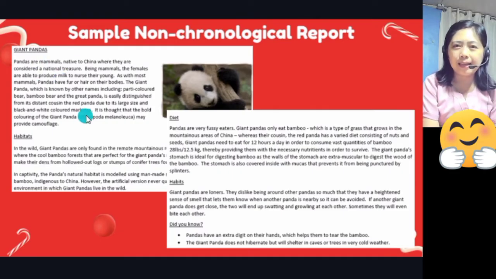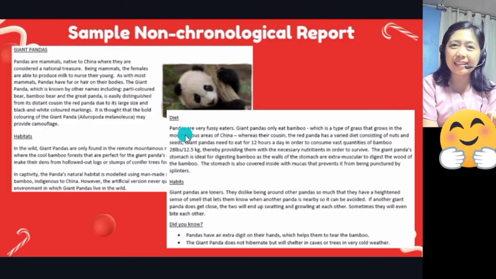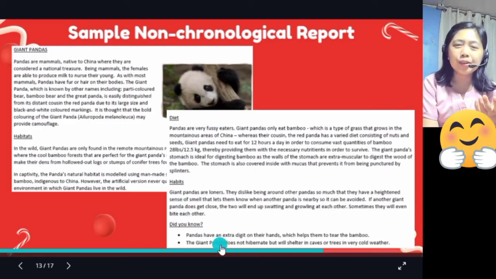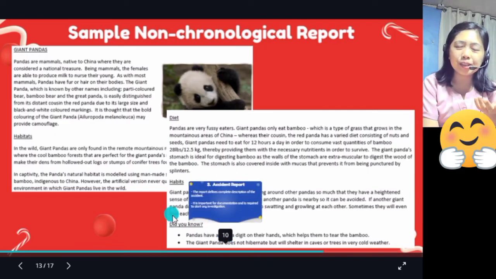Okay, so those are just general facts about giant pandas. Then you also describe what kind of life they live, their habitats. Then, okay, what they eat, their diet, their habits. Then you can also add information about them.